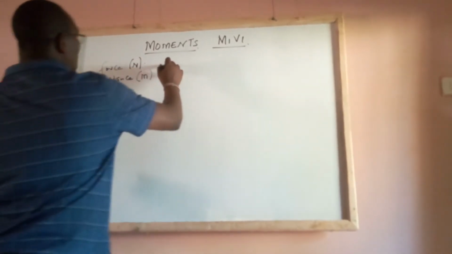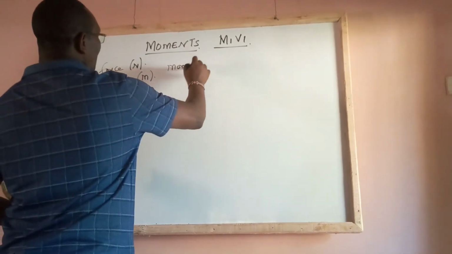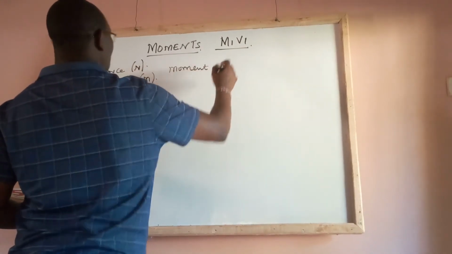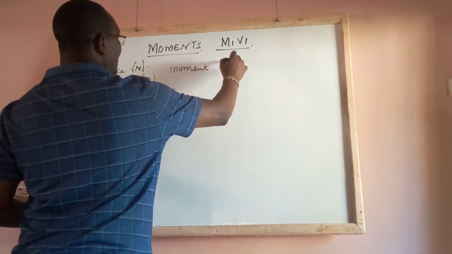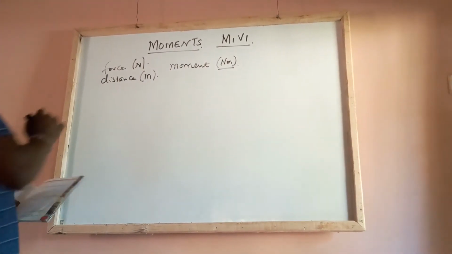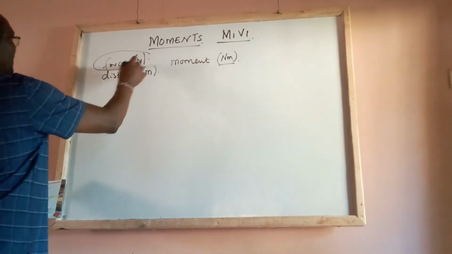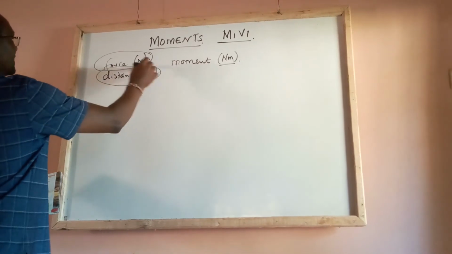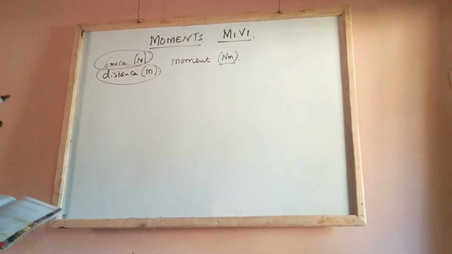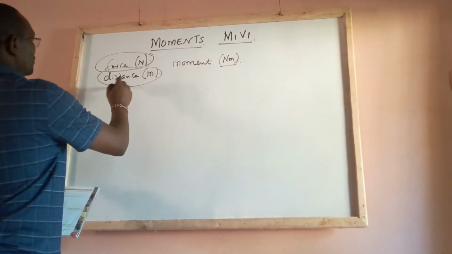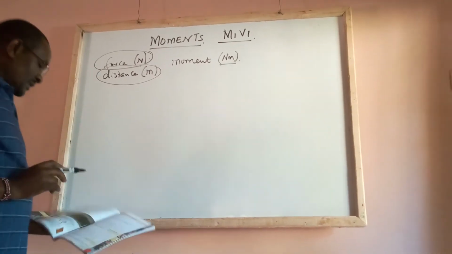So we are talking about moments being the product of the two, and the units are N m, newton meters. We are going to depend so much on the magnitude of the force. We are also going to look at the distance of the line of force to the point of rotation, and this one has to be perpendicular distance.